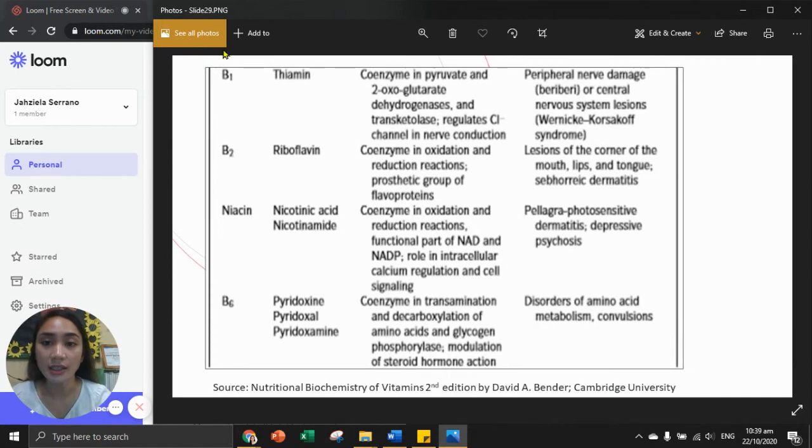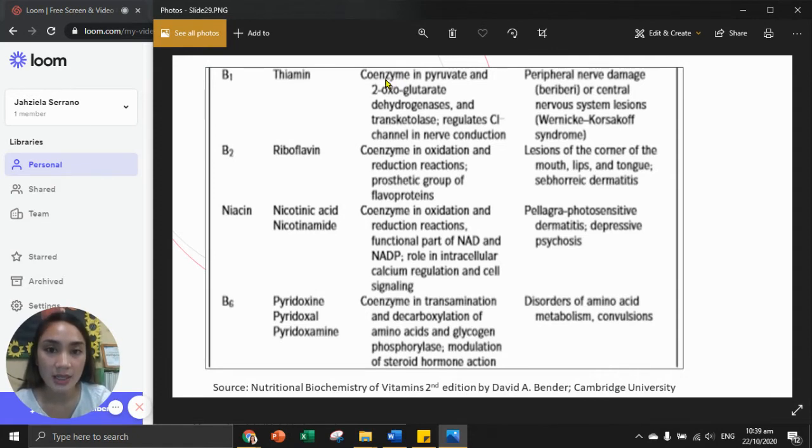Okay, next are mga i-mention ko are water soluble. So, ito yung mga vitamin Bs and also sa vitamin C. So, we have B1, thiamine. So, kanina yung sinabi ko, thiaminases, no?